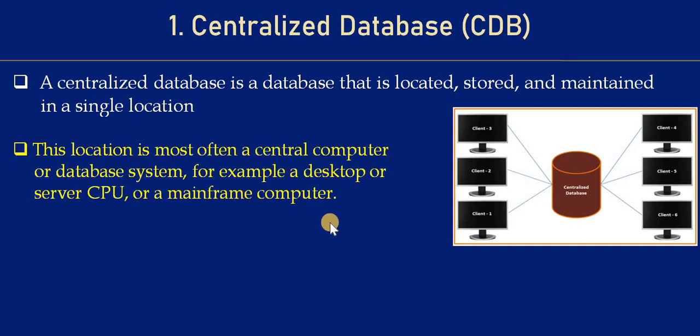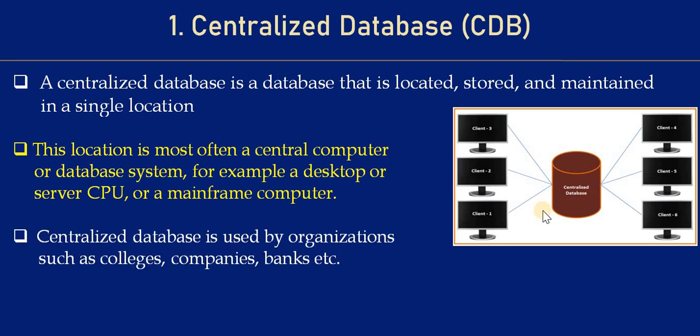This location is most often a central computer or database system, for example a desktop or a server, CPU, or a mainframe computer. Centralized databases are used by organizations such as colleges, companies, and banks, etc.